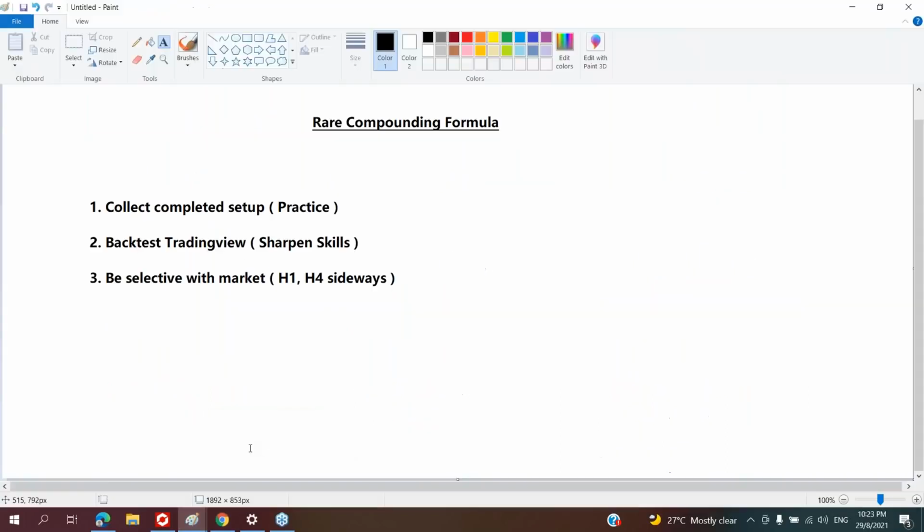And next, be selective with the market. Before I go to this, some people ask me and suggest other software and other apps, but I prefer TradingView because it can switch time frames, and we need multi-time frame analysis.